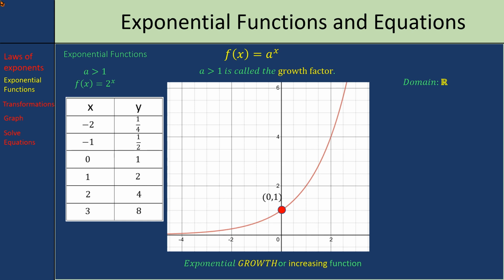The domain for all exponential functions is always going to be all real numbers, so we don't have to worry about domain. For the range, you have to look at the graph and see where it ends.